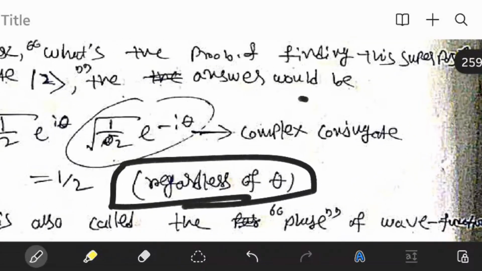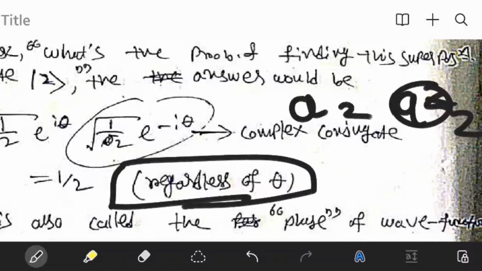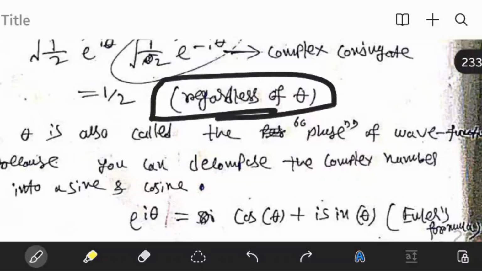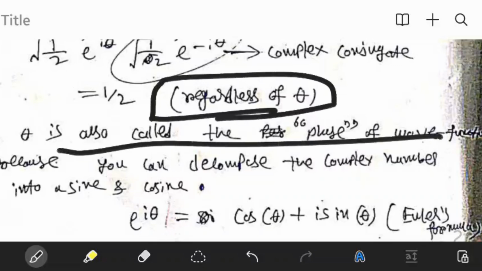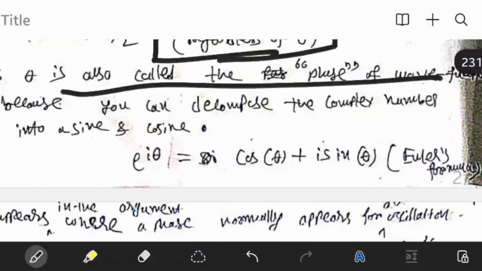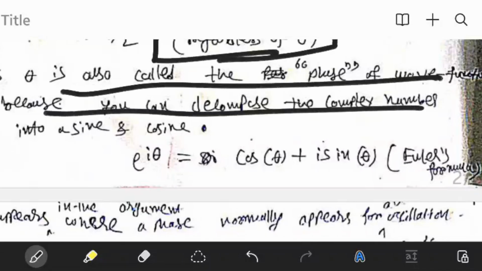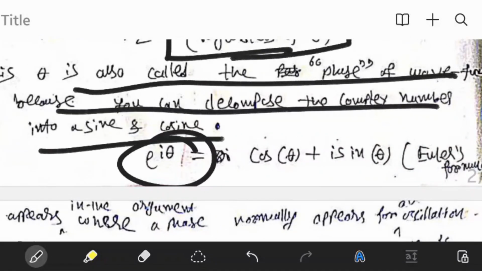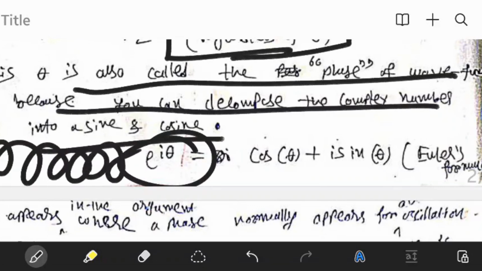Oh, and keep in mind, if a2 is a complex number, a2 star is the complex conjugate. Here theta is called the phase of the wave function. And why is it so? Because you can decompose the complex number into a sine and a cosine wave. So if you plot this thing, in 3D it will look something like that.